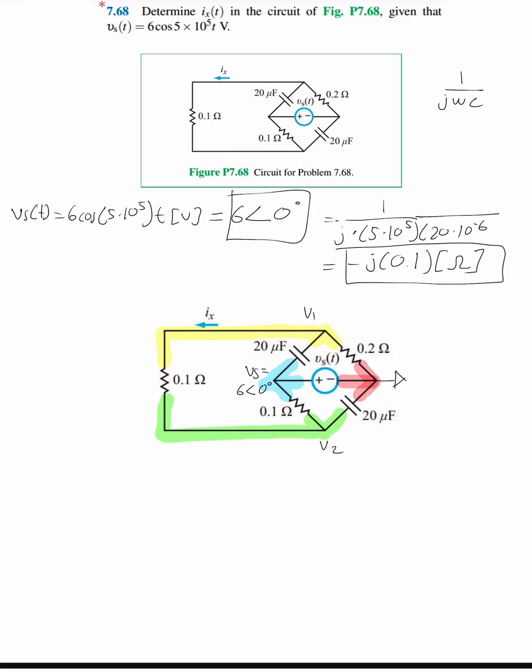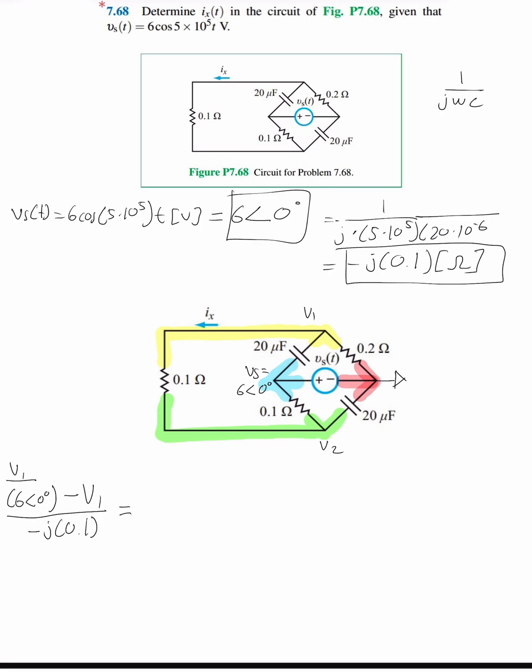So let's now apply nodal analysis. So for the V1 node, it's going to be Vs minus V1. So it's going to be 6 angle 0 minus V1 over negative j 0.1.